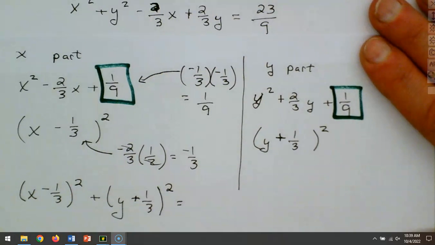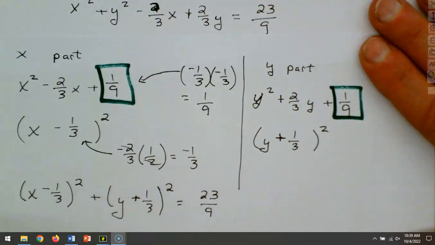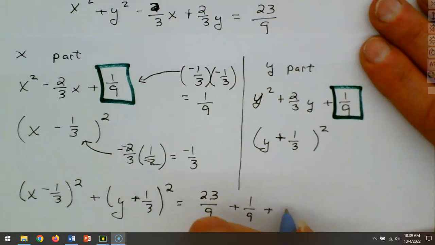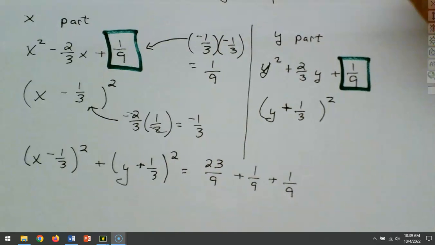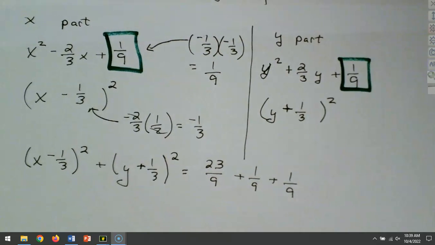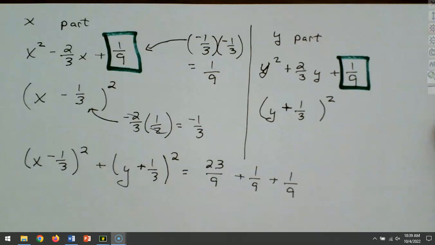And what about the other side? Okay, the other side is a 23/9. We're going to add to that 1/9, and we're going to add to that another 9, right? Because those are my pieces. The only time these ever become a challenge is when you have these fractions.